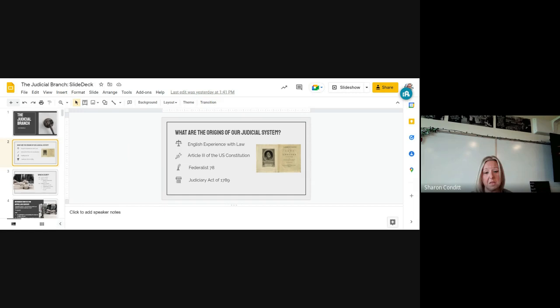One of the things I think is really interesting about the Judiciary Act of 1789 is, as we know, the framers of the Constitution largely didn't have a ton of debates about Article 3 and what the court system is going to look like. They had some strong reasons for a decent background on the court, for reasons we've talked about on Monday. But there are still some things that have to be taken care of when it comes to the court system. And that gets dealt with in the Judiciary Act of 1789.